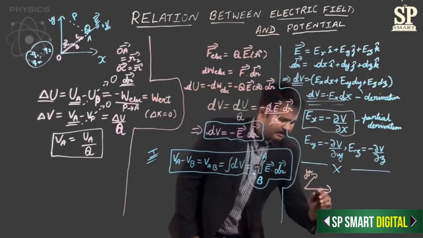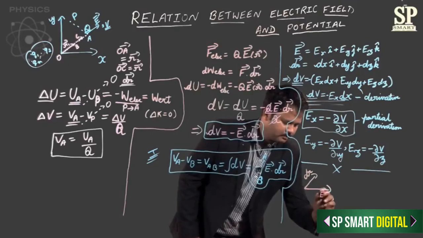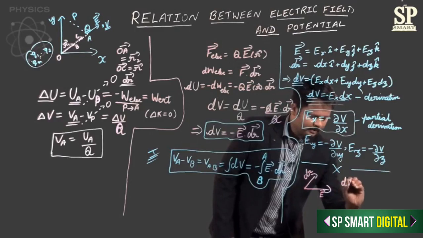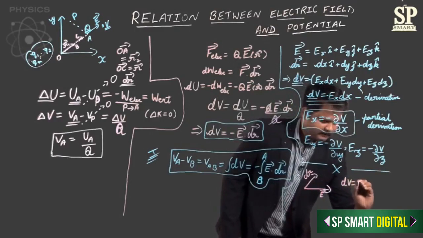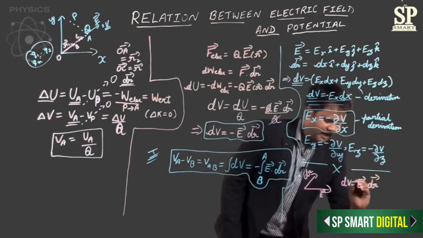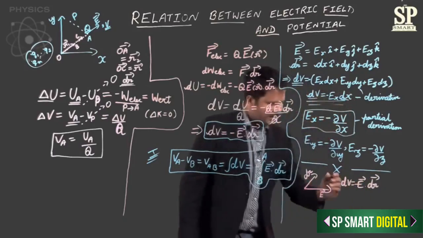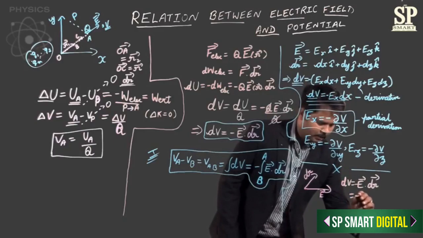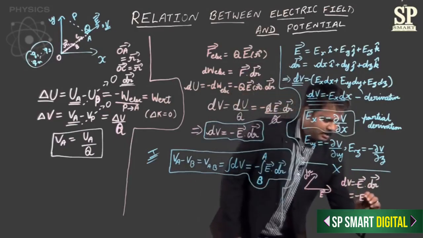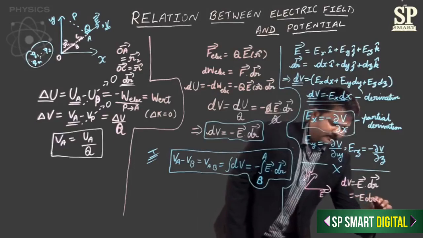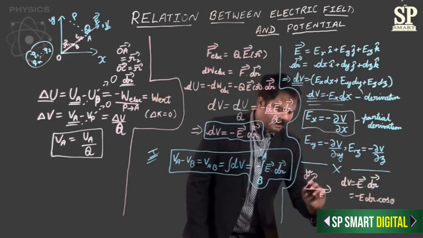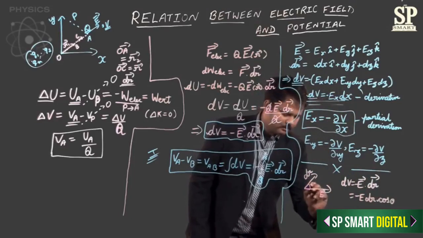This is dr, this is E. Then dv is what? dv is E dot dr with a minus sign. So it becomes equal to, if we expand the dot product, E dr cos theta, where theta is the angle between E and dr.